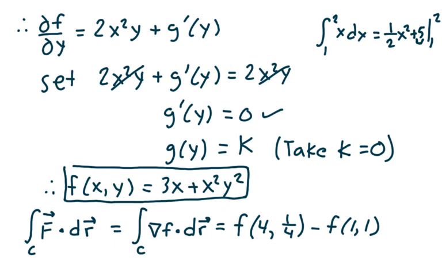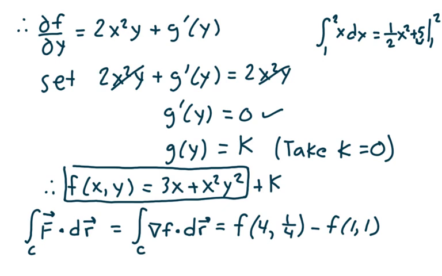And when we apply the fundamental theorem of line integrals down below, if I have a k here, that's fine. When I go to take f of (4, 1/4) and f of (1, 1) and subtract those values, the k will end up canceling anyway. And that's why we end up taking k to be 0. It's the same idea when we do a definite integral.